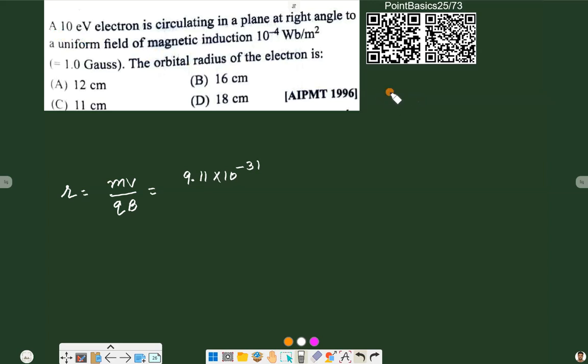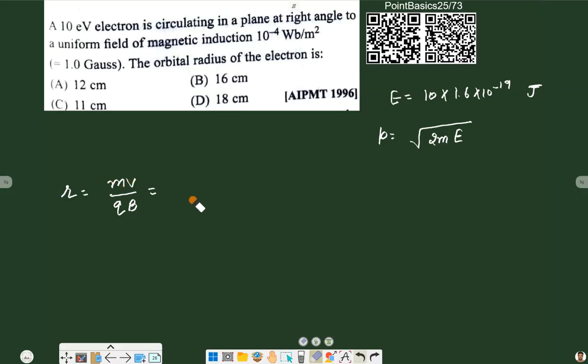Suppose this is energy E, that is 10 electron volts, so 10 into 1.6 into 10 raised to power minus 19 joule. And we have a relation between momentum and energy. Momentum is given by under root 2 times m times the energy, and mass into velocity is the momentum, so we can directly use here root 2mE in place of momentum, divided by qB.